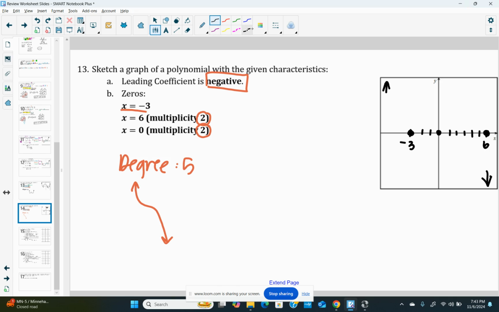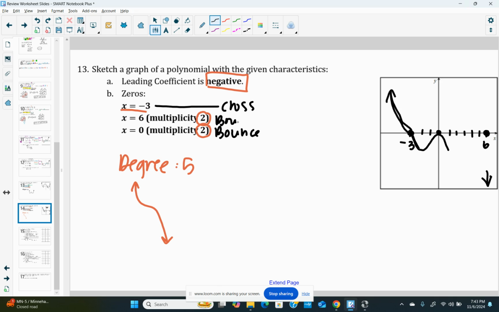So at -3, it's there once. So then this is going to cross because it's odd multiplicity. So we're just going to need to start up and then cross through the -3. Then when we get to the 0, it's going to bounce at 0 since it's there twice. So it's going to cross at -3. It's going to go up and bounce at 0.